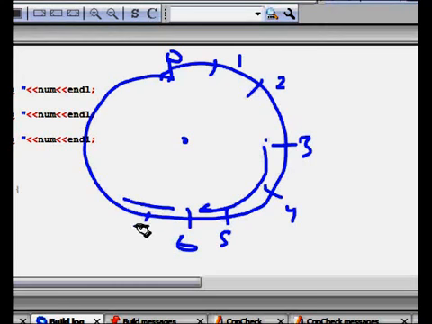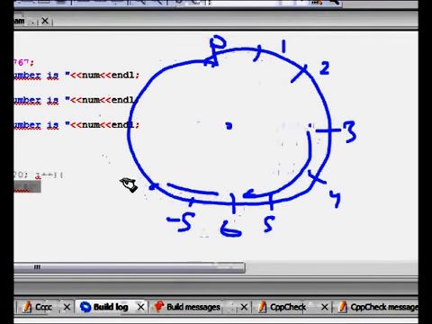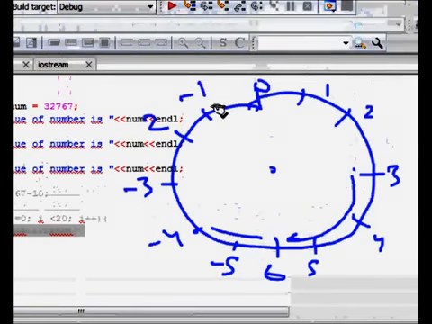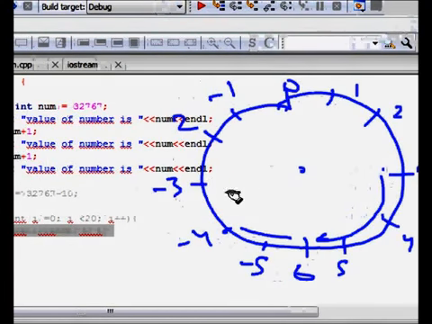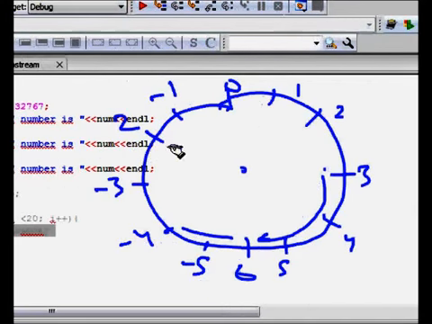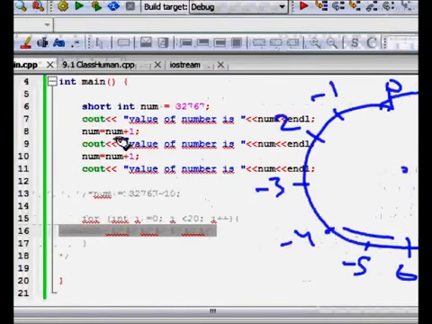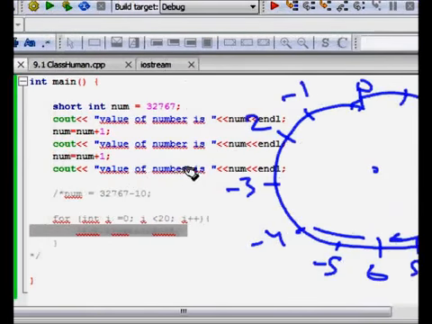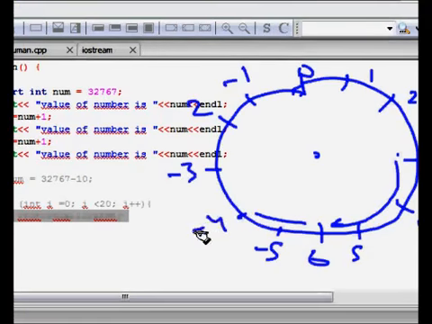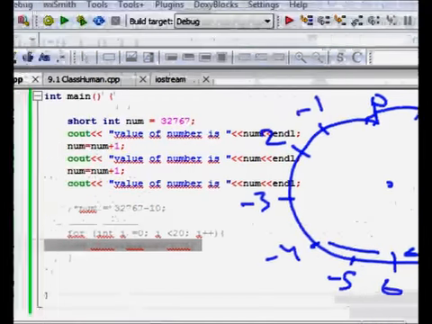Here it will be minus 5, then minus 4, minus 3, minus 2, minus 1, then 0. So this is how you increment. The first half is for positive numbers, it keeps incrementing, then it becomes the most negative number. From the max positive it becomes the max negative number, and then it becomes 0 again. This is the wraparound that happens, and this can be seen from the code also.